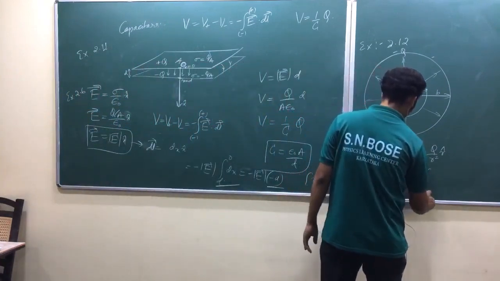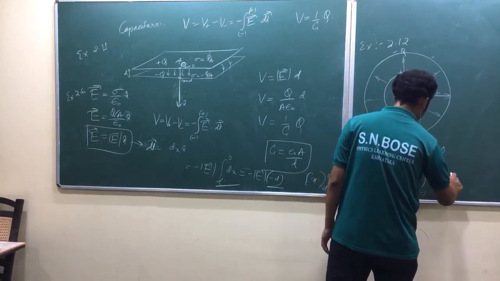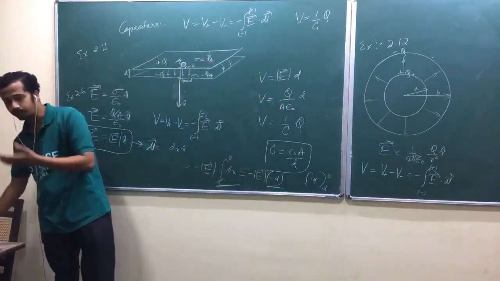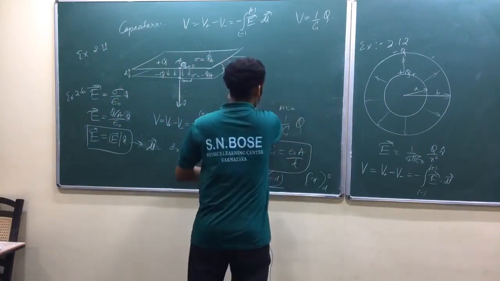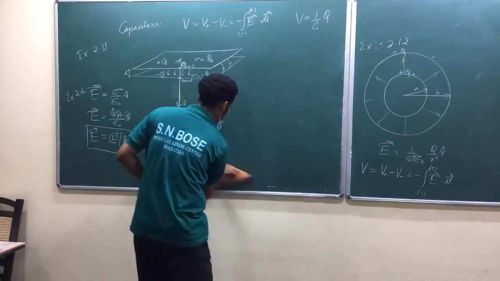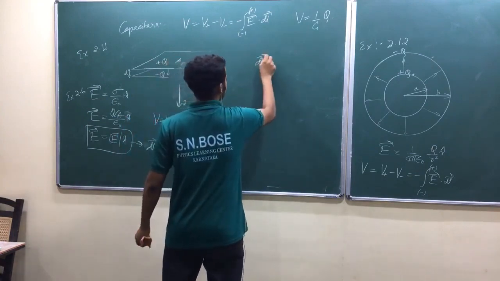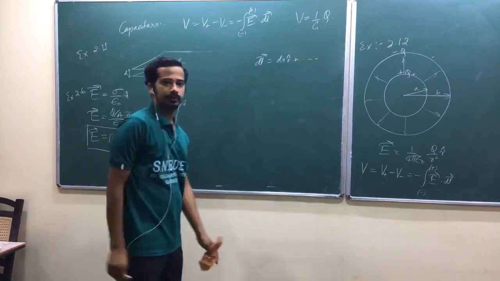Minus, negative plate to positive plate, E bar dot dl bar. Take dl in polar coordinate, dr r cap plus and so on, isn't it?